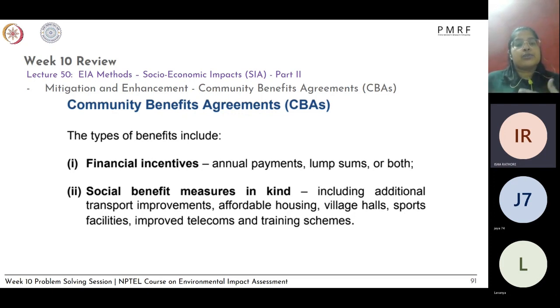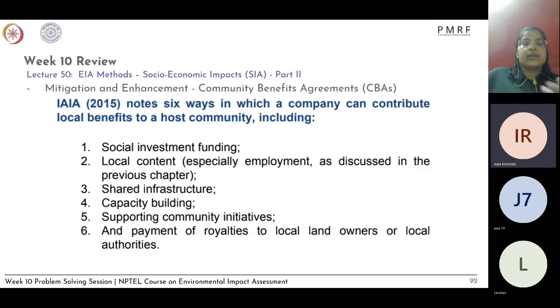And then you also have social benefit measures in kind, which include additional transport improvements, affordable housing, village halls, sports facilities, improved telecoms and training services. So the developer promises some sort of social benefit for the entire community which is affected. So these are certain mitigation and enhancements.